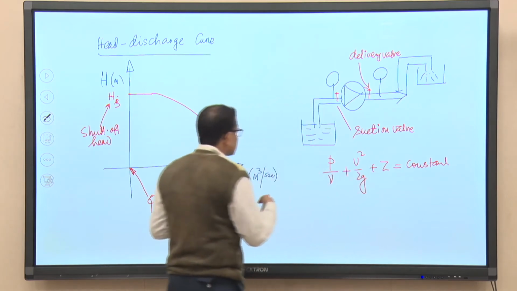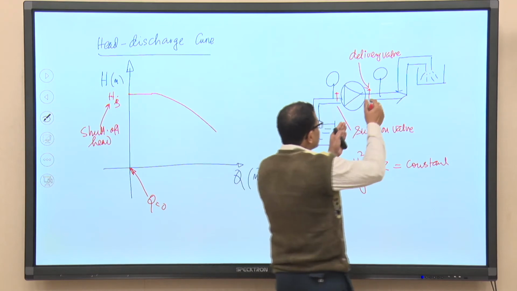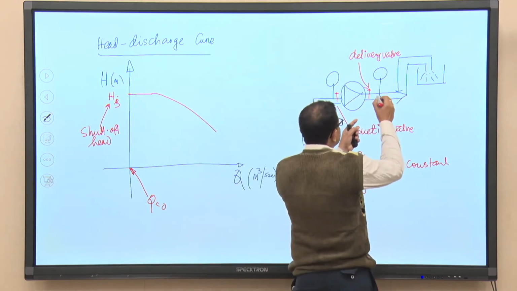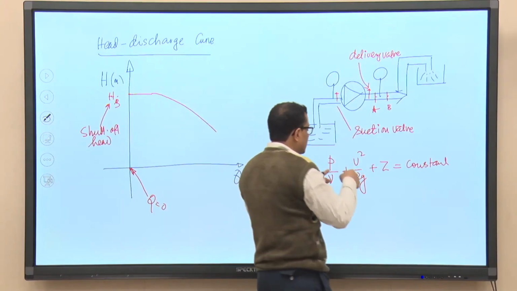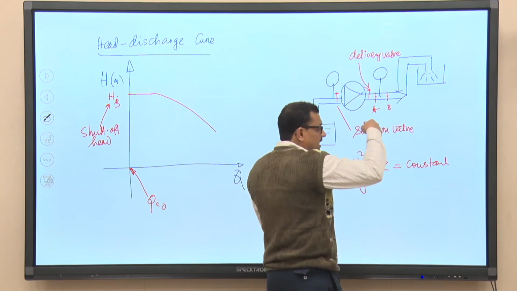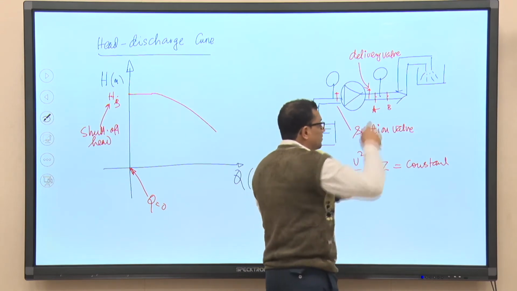Now, whenever we get pressure in the delivery line, if we take different points, say cross section A and cross section B, then the total head available at section A is not equal to the head available at section B. Why?